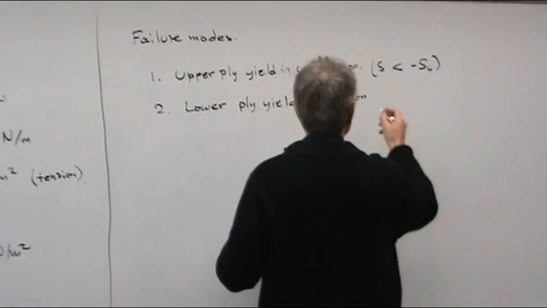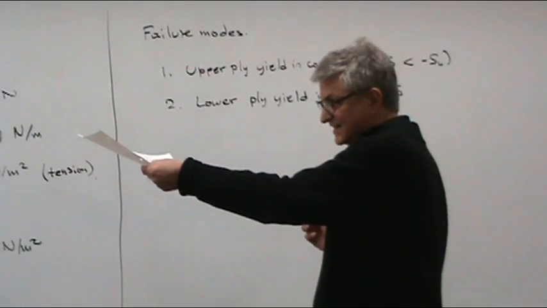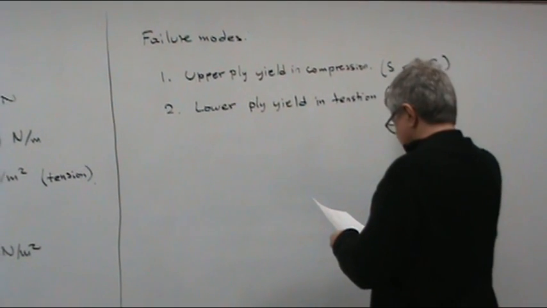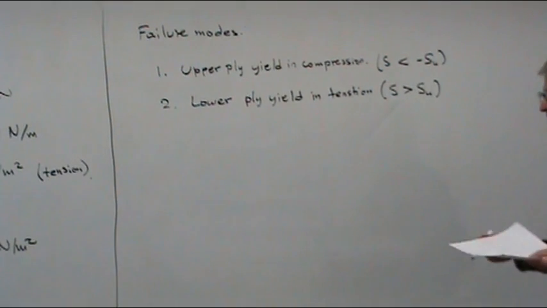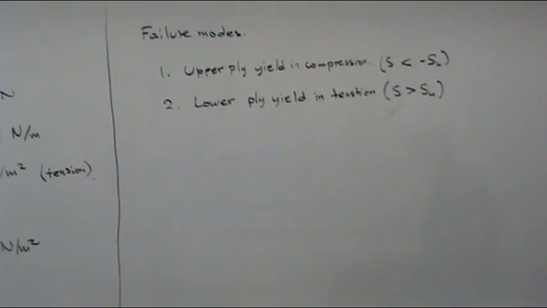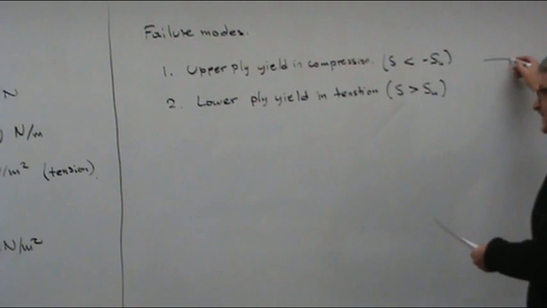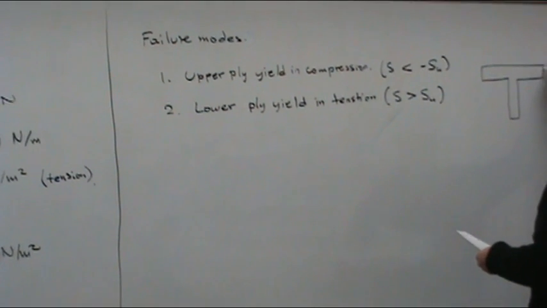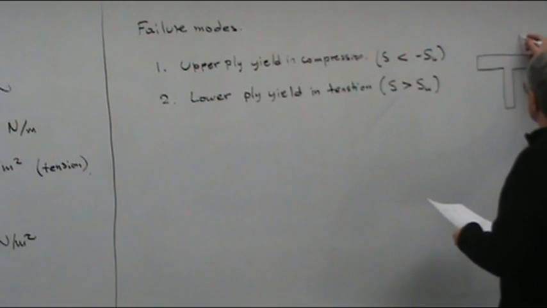And this will happen if the stress at the lower end, at another location, becomes greater than the strength. So now it is positive, and it's greater than the tensile strength. Okay? Let's make a sketch to solve that. If this is the cross-section of the beam, then the upper part is under compression.